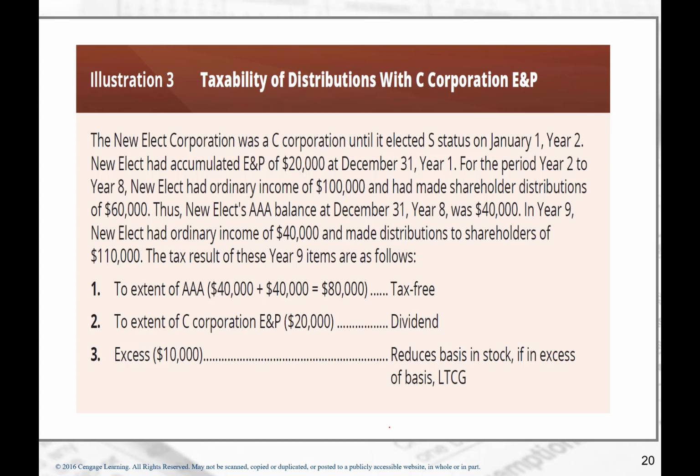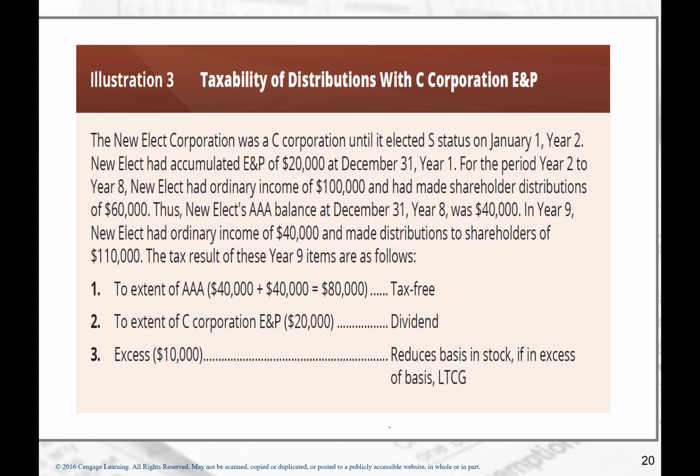Then for the period year 2 to year 8, New Elect had ordinary income of 100 and made distributions to shareholders of 60. Thus, New Elect's AAA is going to be what? It's going to be 40,000. It's that first year as an S corporation, right? The 100,000 minus the 40 brings that balance up to 60,000.